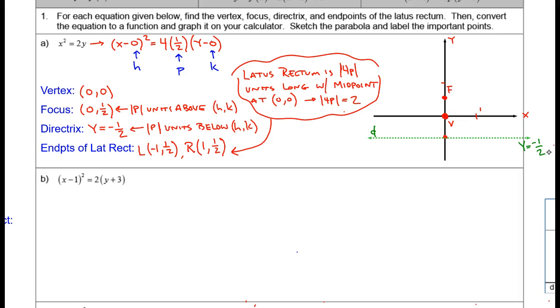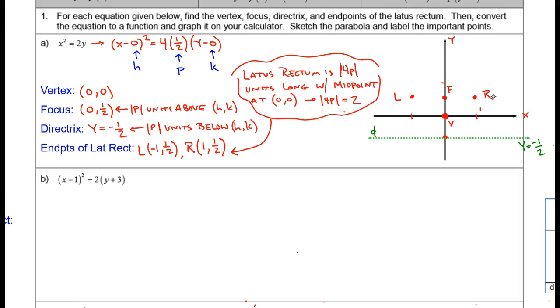Okay, so the last thing I have to do here is identify the endpoints of the latus rectum. That's going to be at (-1, 1/2), right about there, and then (1, 1/2), right there. And that's the left endpoint and the right endpoint.